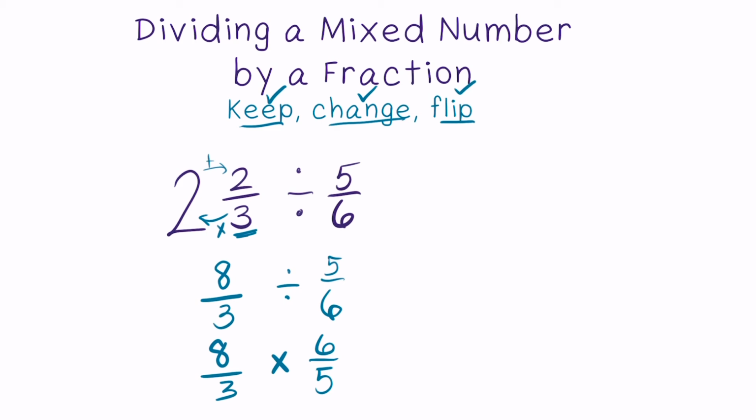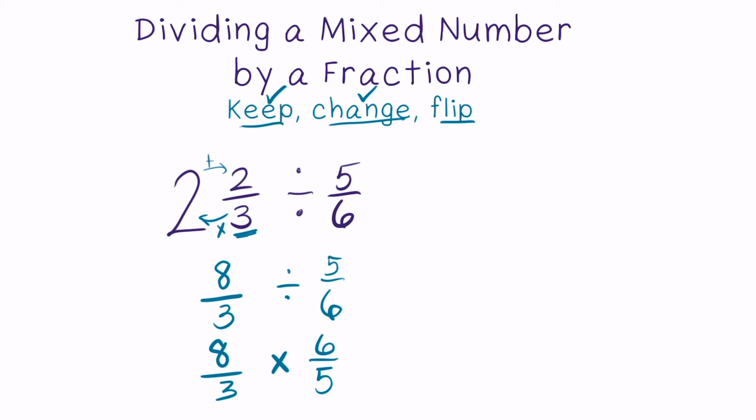In looking at this multiplication of fractions problem, 8/3 times 6/5, you might notice that there is an opportunity for cancellation in this problem. And what that means is if you look across diagonally, for example, this numerator with this denominator, or this denominator with this numerator, if those numbers have a common factor, you can simplify those numbers before you even begin the multiplication.